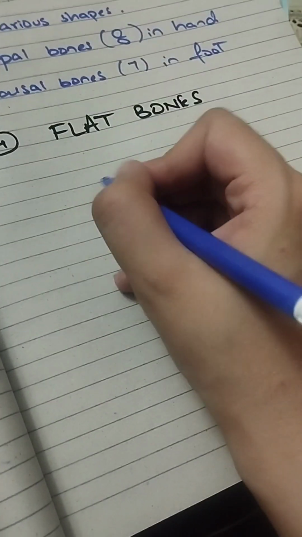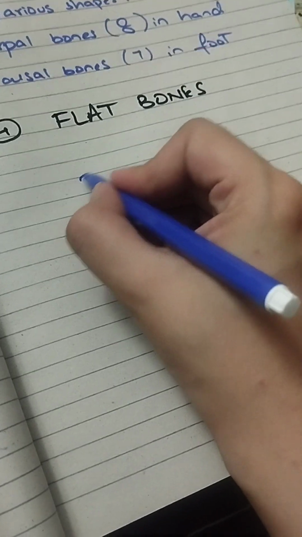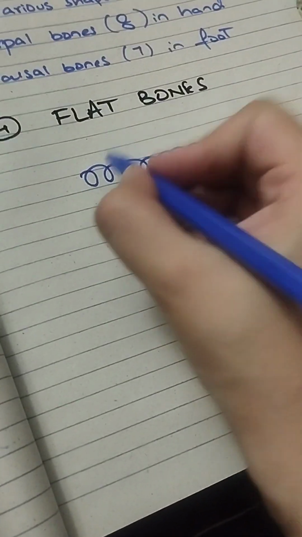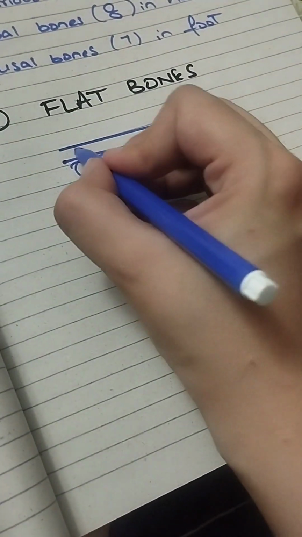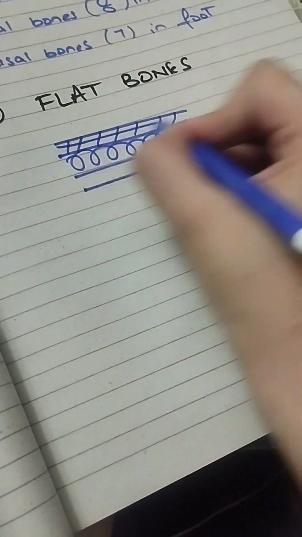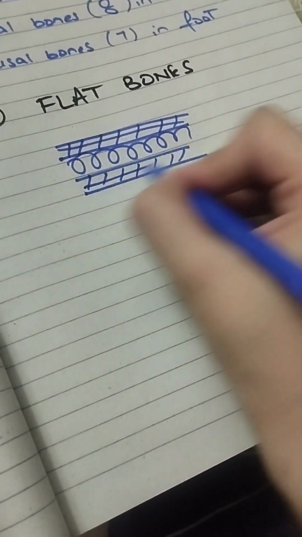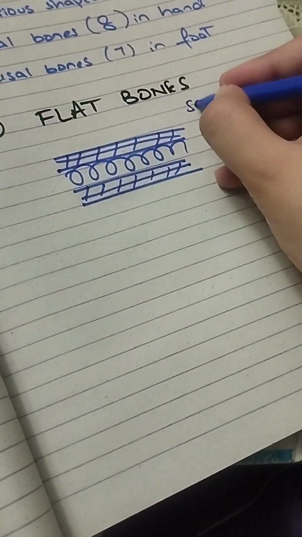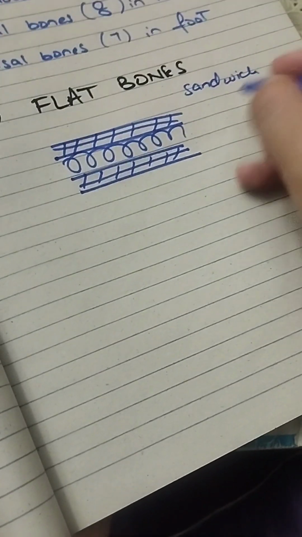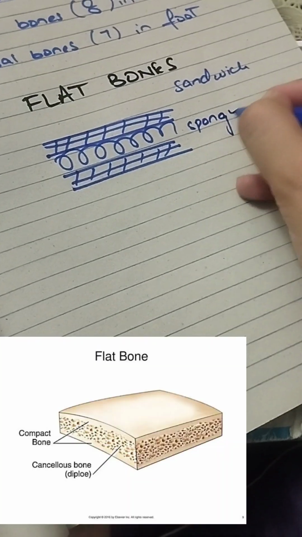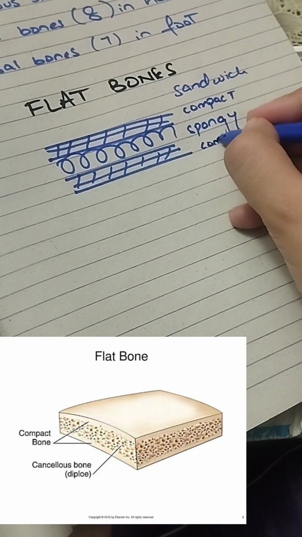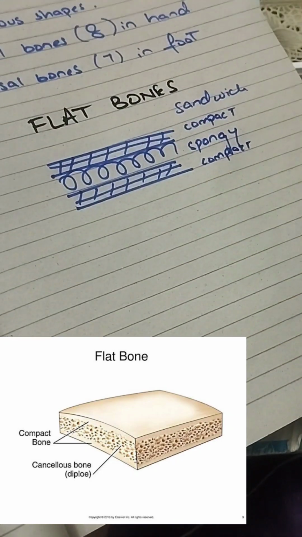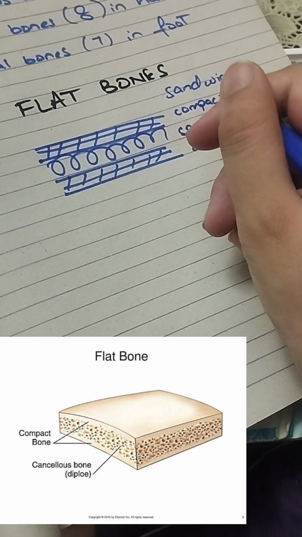Their structure is made up of spongy bone, and on either side of the spongy bone we have a layer of compact bone. So it forms a sandwich structure where there is spongy bone in the middle and compact bone on either side, and they are flattened from top to bottom.